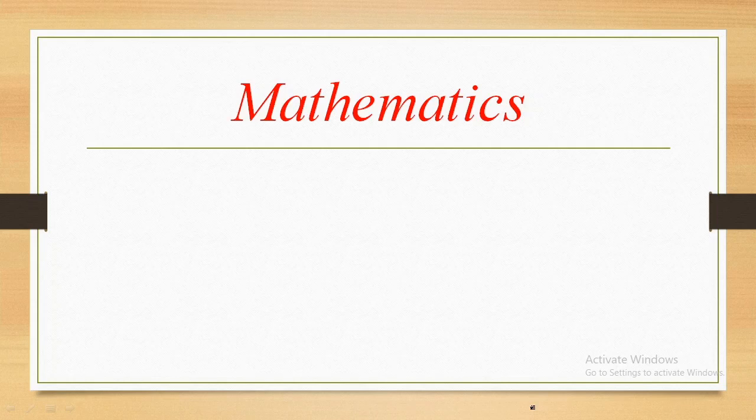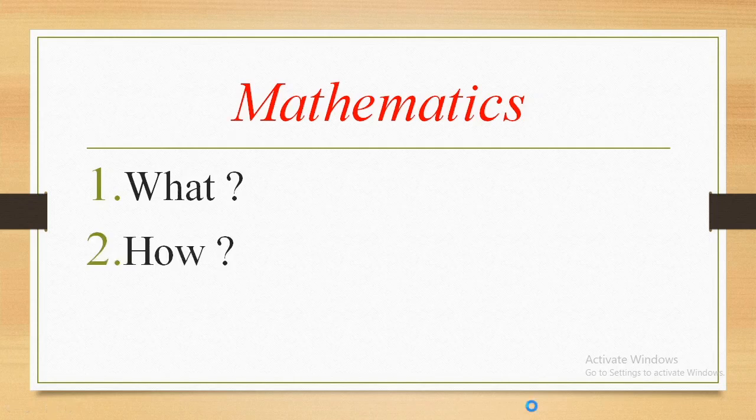Mathematics depends on three words. First word is what. If I ask one question to you, then first you think what is given in your question. Next word is how, and how can we solve the question.